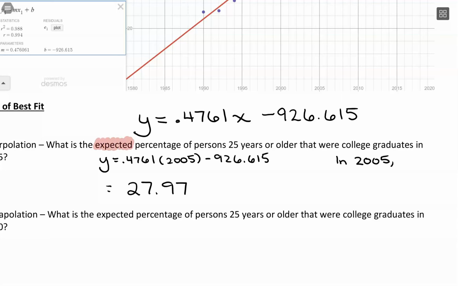We're making predictions here. So in 2005, we expect, and that should be in the wording of our answer, about 27.97% of people 25 and older to be college graduates.